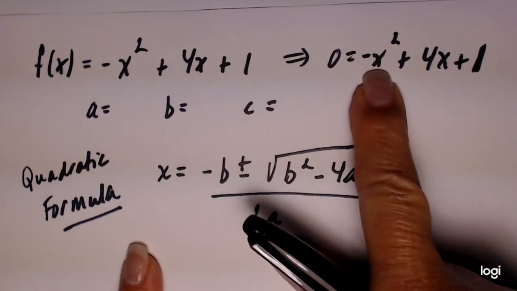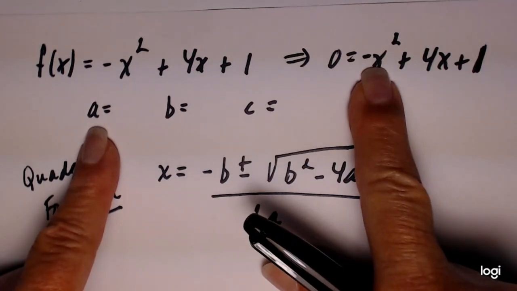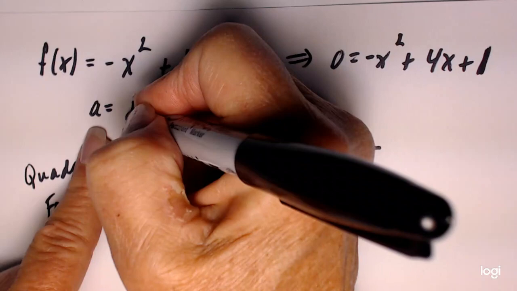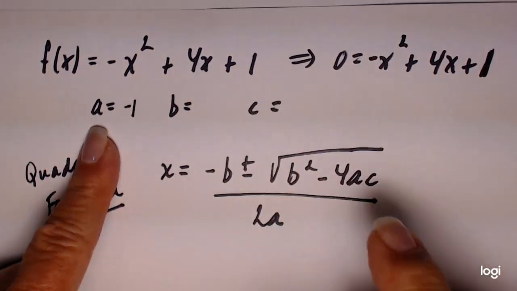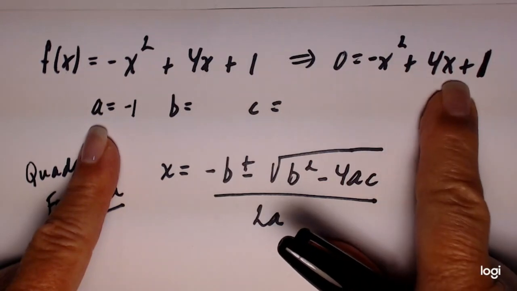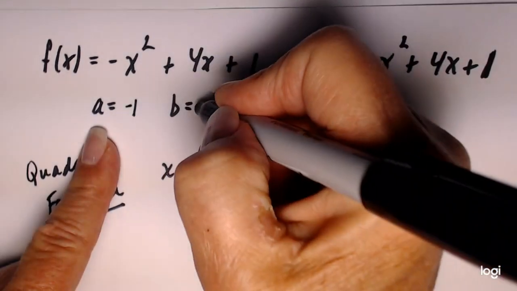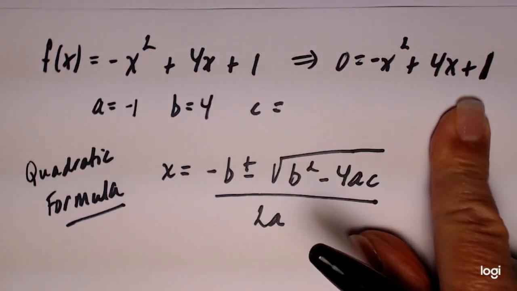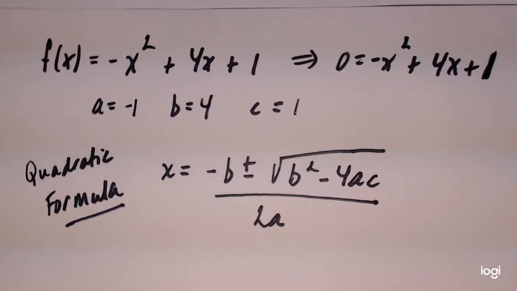So when we look at the x squared term, a is what's in front of the x squared term. We're not seeing a number, so that is our invisible 1. And because this is negative, it's a negative 1. B is the coefficient in front of the linear x term. So B here is 4. And last but not least, C is the constant at the end. So in this example, C is 1.